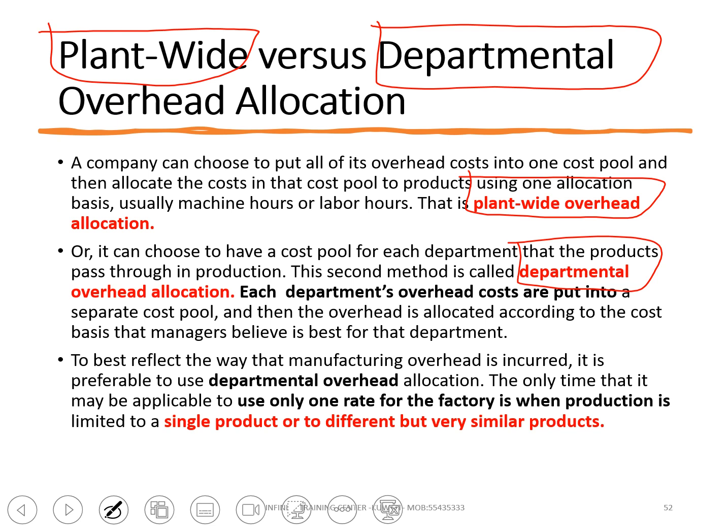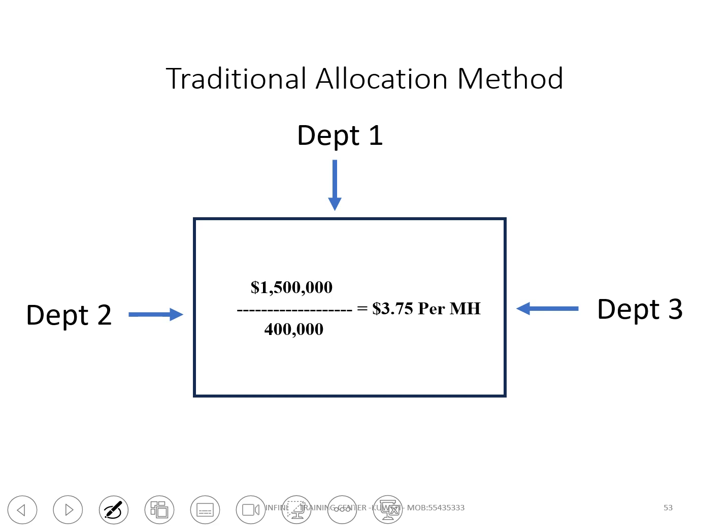If it is a single product or similar products, you can just use a plant-wide overhead. But if you are making different products, and these products go through different departments, and different departments accumulate cost based on different cost drivers, then to make accurate cost allocation you have to follow the departmental allocation basis.